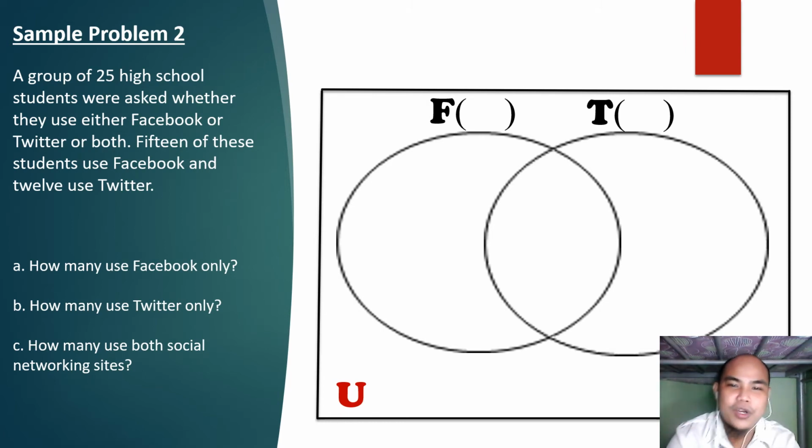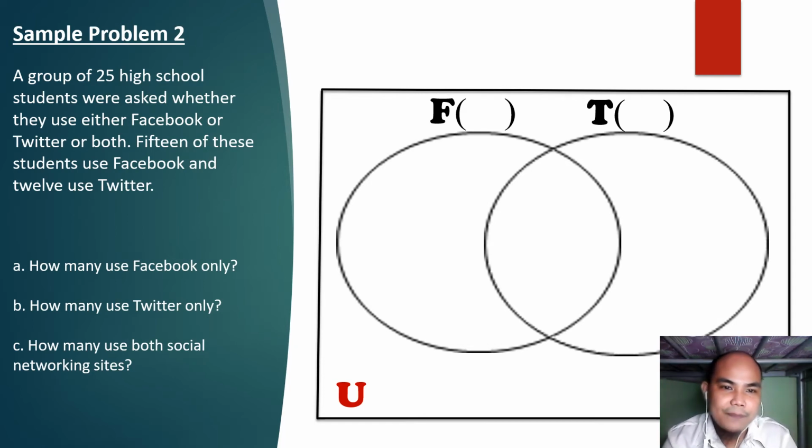Now, to solve these questions, we need to provide the illustration of our Venn diagram first. So we need to have our rectangular shape, which is the universal set, and a symbol U here. And we need to draw the circles involved, or the sets involved, which happen to be Facebook, F, and T for Twitter. Now, we need to provide the data here for Facebook.